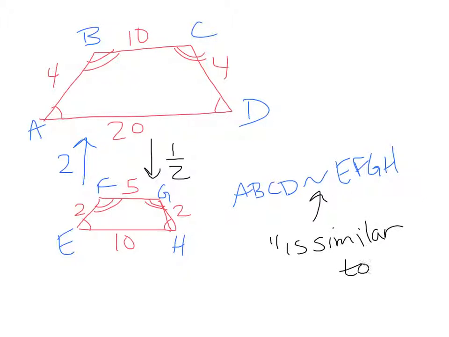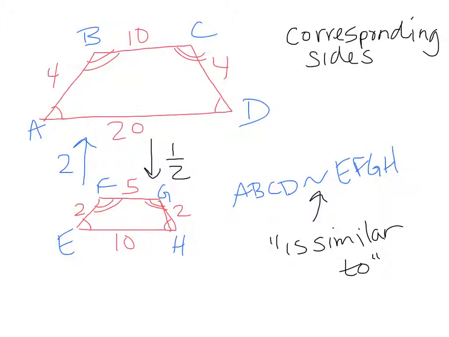Again, for two shapes to be similar, they need to have the same shape, which means the sides are proportional. Really what we need is the corresponding sides, in the same way as in congruent triangles. Corresponding sides are proportional, and corresponding angles are congruent.